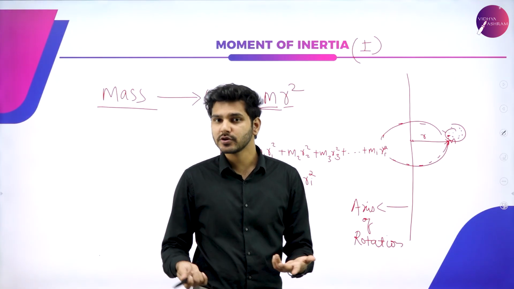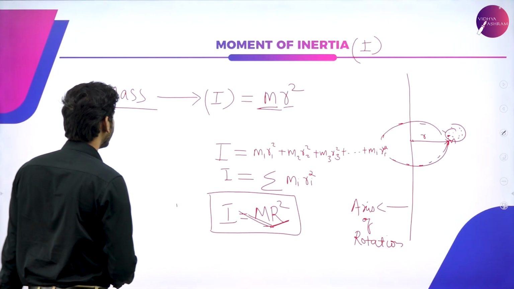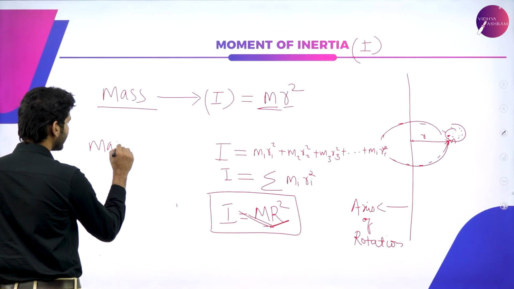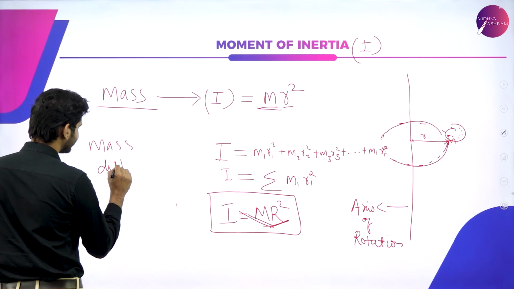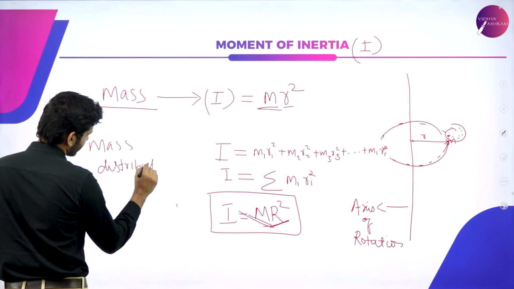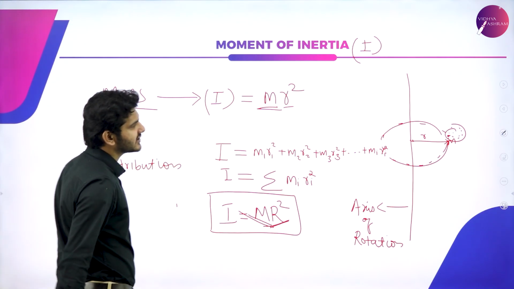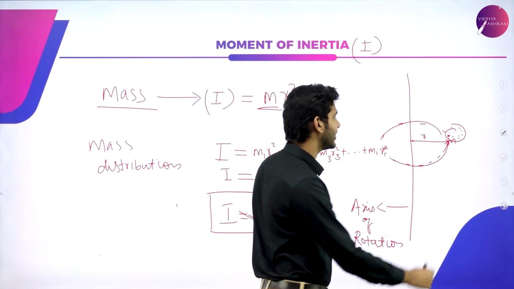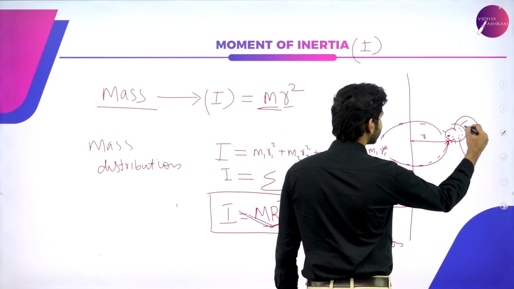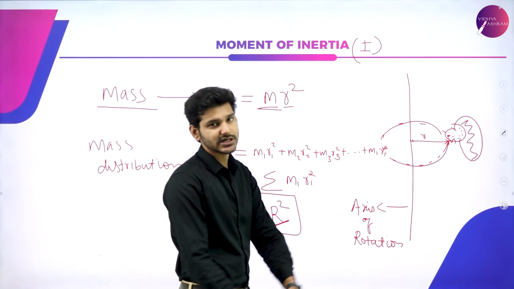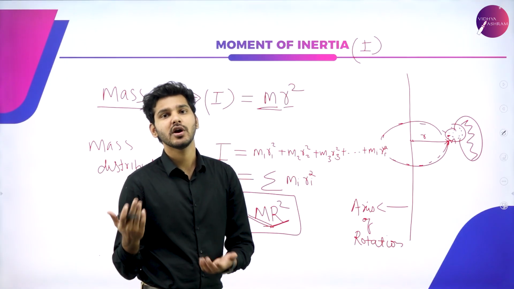And one more factor is mass distribution. If this rock is not uniformly distributed and most of the mass is concentrated onto one end, it will be extremely difficult for us to make it spin.